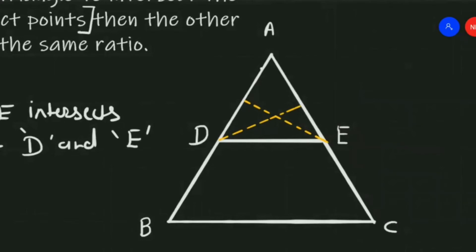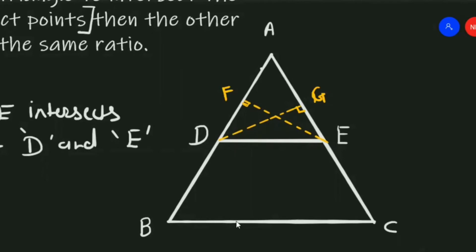Let's mark it as perpendicular to base AC. I'm going to mark here F, and this is G. So I have marked F and G. This is also perpendicular.